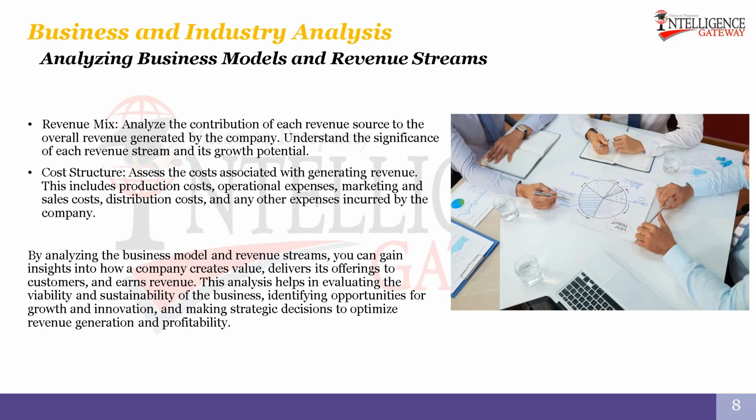Understand the significance of each revenue stream and its growth potential. Cost structure. Assess the costs associated with generating revenue. This includes production costs, operational expenses, marketing and sales costs, distribution costs, and any other expenses incurred by the company.